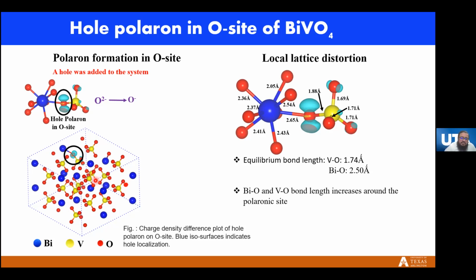But yes, we do need to relax it completely. One more point, a slightly more detailed part of the methodology, is that because we are adding or taking out an electron, this is a charged supercell. And because of the infinite nature of periodic boundary conditions, it will be an infinitely charged system. The technique is to add a background charge density so that the artificial infinite charge is neutralized.